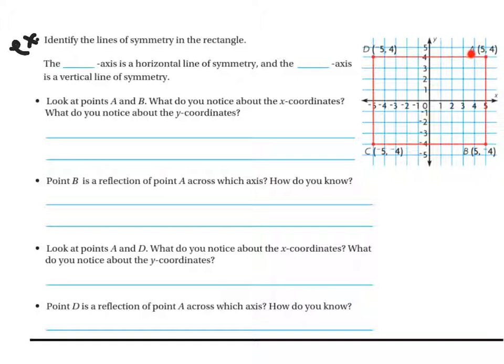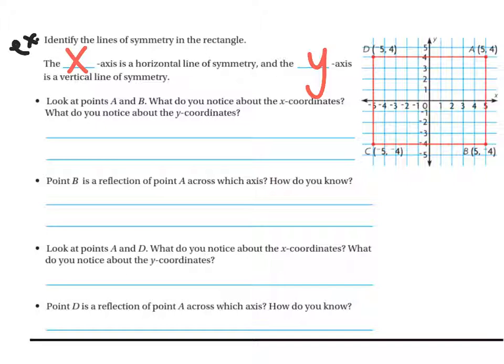So A, which is at 5, 4, that's point A. This is point B, point C, and point D. So what we want to do is identify the lines of symmetry in the rectangle. So the x-axis is a horizontal line of symmetry, and the y-axis is a vertical line of symmetry. We can go ahead and fill that in. I don't like filling these in because sometimes I think they're a little confusing, but we can do that.